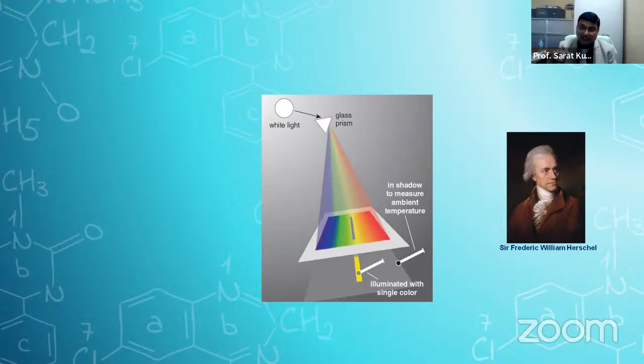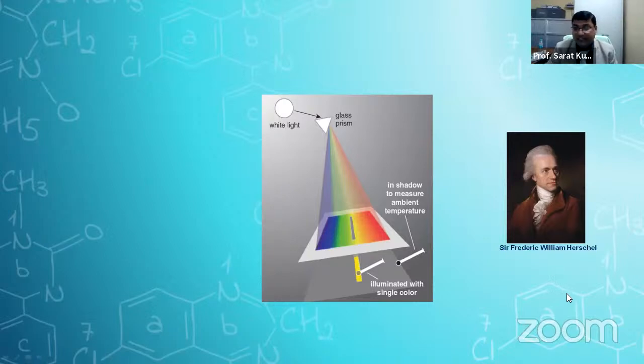What is that? All of you have seen the rainbow, right? The rainbow comes in the visible region. Suddenly he found the warmth, and then what is the light? He was surprised. Where did this heat come from?